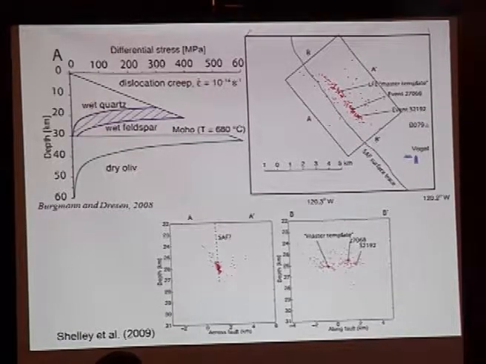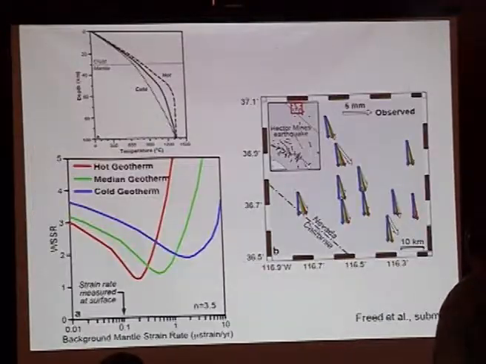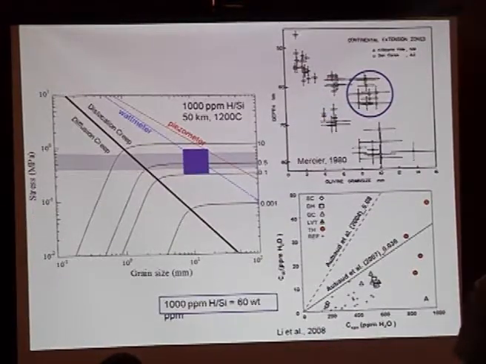I gave you some pertinent references that are on the B-space thing under a folder called Hirth tutorial or something like that. So to make this deformation mechanism map, what we're going to use are olivine flow laws.